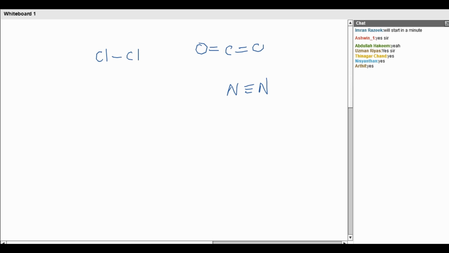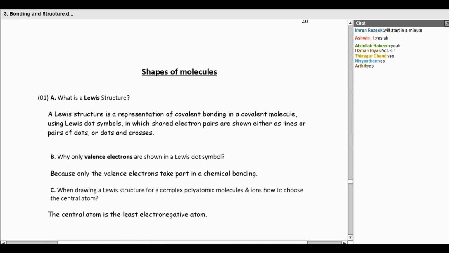I'm going to explain how to draw Lewis structures of a complex polyatomic molecule or ion. Now when it comes to complex structures, there are a few rules to follow. When you do it for the first time, you have to concentrate, and then when you get used to it, you can derive the structures and the shapes with ease without much effort, because that is what is expected from you all, not memorizing the shape or the structure.